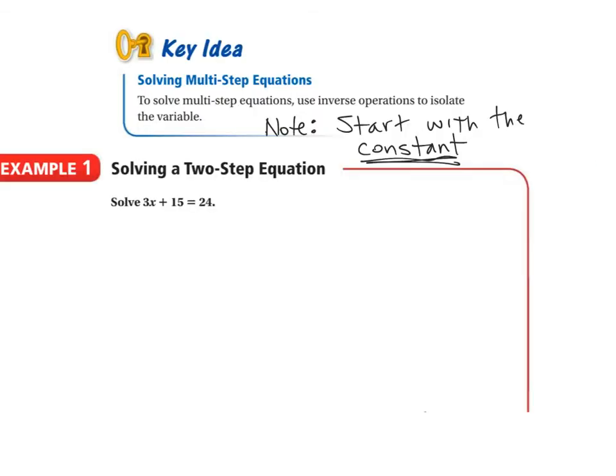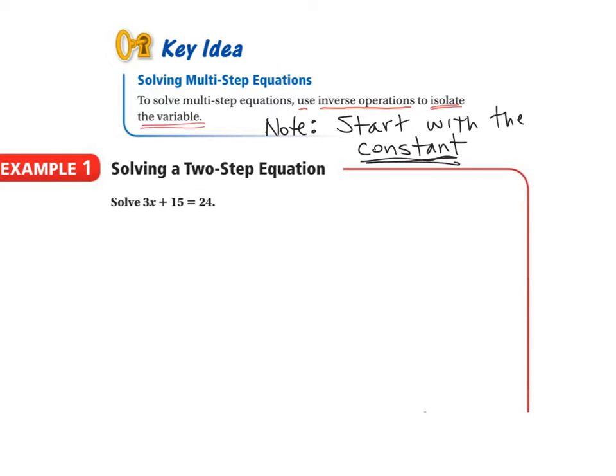All right, so your first note that I want you to take for your homework is to write solving multi-step equations at the top of your paper. And then I want you to write this right here: use, and I almost want to underline, use inverse operations to isolate the variable.